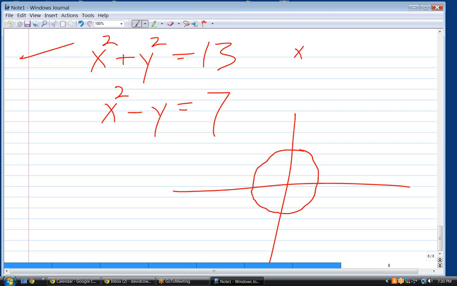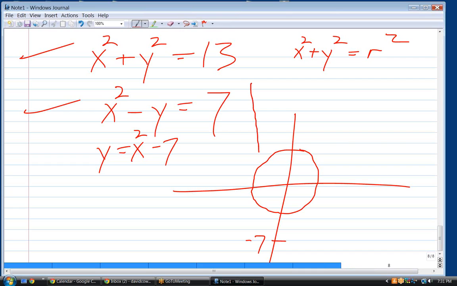In other words, x squared plus y squared equals r squared is the standard equation of a circle at the origin. What is this an equation of? A quadratic? Yeah, it's a parabola. In other words, if I solve this, I get y equals x squared minus 7, which is a normal-looking parabola shifted down by 7 units, so it's going to go through minus 7.